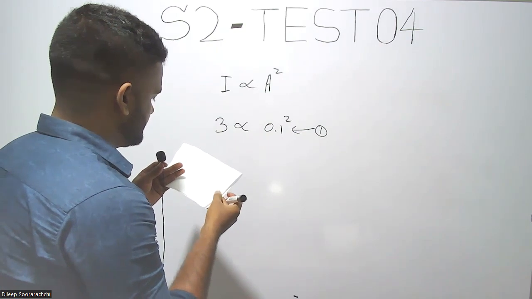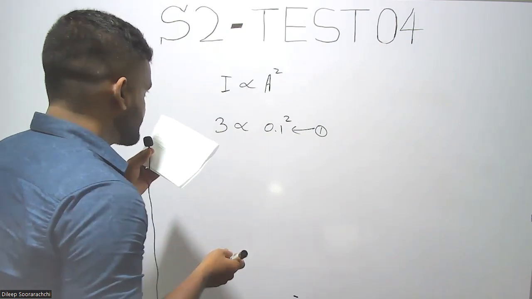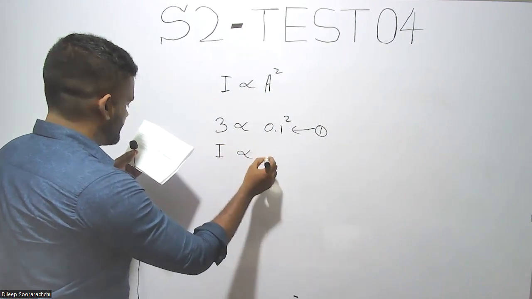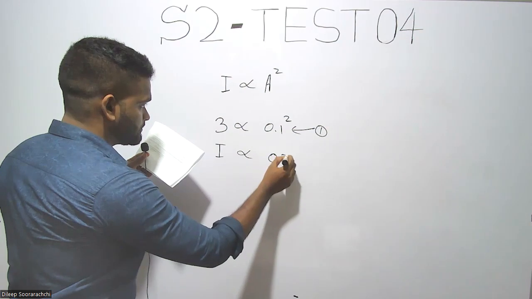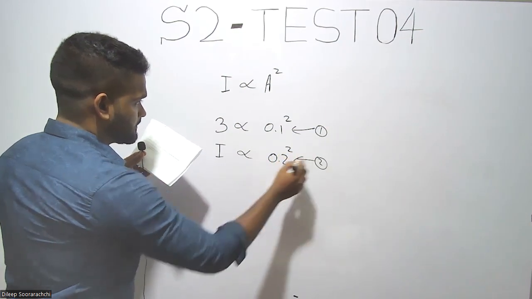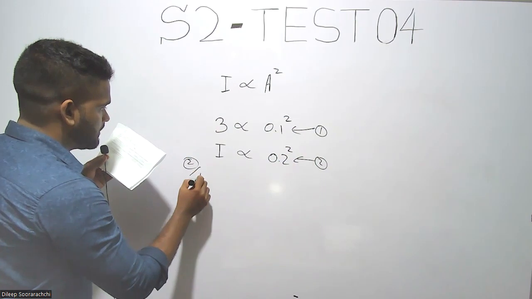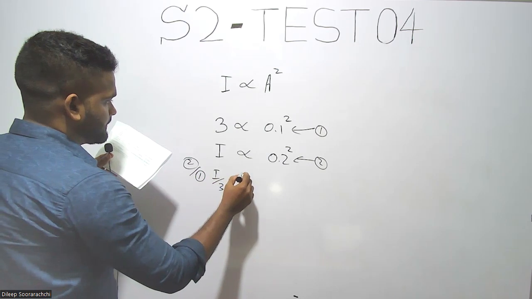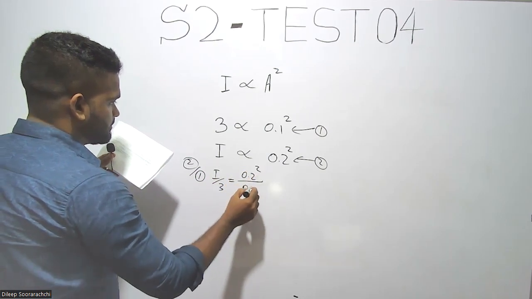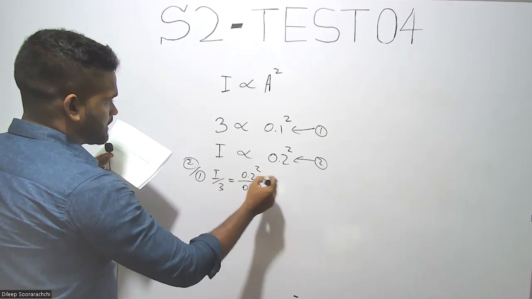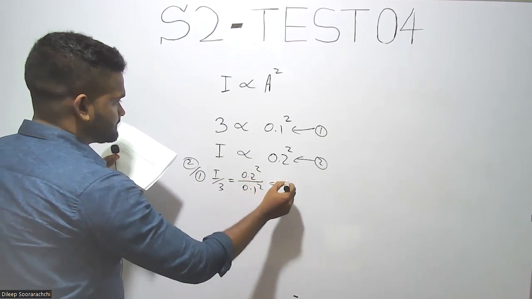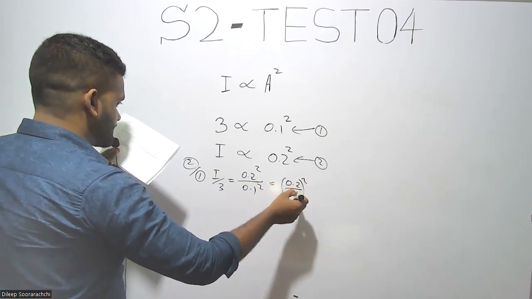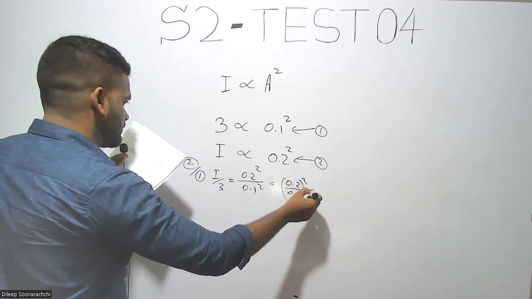Then what they ask is the intensity of the second wave. Let's say that is capital I. Amplitude is 0.2 squared. Then I divided by 3 equals 0.2 squared divided by 0.1 squared. 0.2 divided by 0.1 is 2. 2 squared means 4.